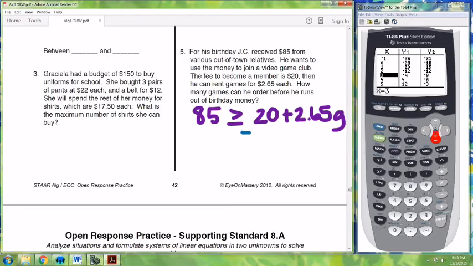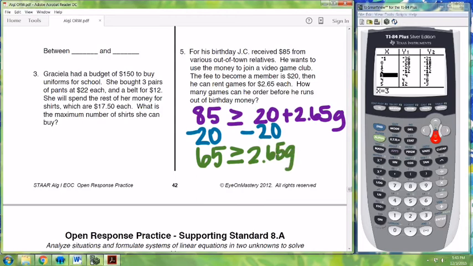I'm going to subtract 20 on both sides. So 85 minus 20 is going to be 65, is greater than or equal to 2.65g. So then I'm going to divide by 2.65. So 65 divided by 2.65 is going to be 24.52.